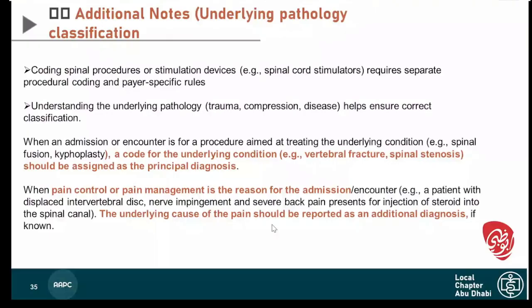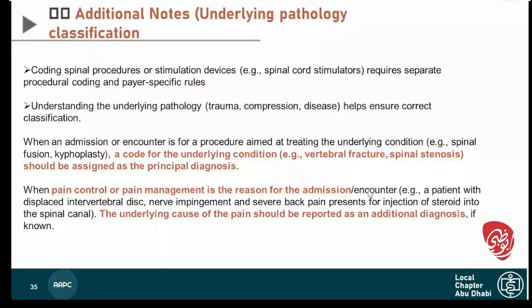That means when pain control or pain management is the reason for admission or encounter, usually for chronic pain, a physician will perform an injection of steroid, epidural injection or facet joint injection, like injection of steroid or anesthetic into the spinal canal.